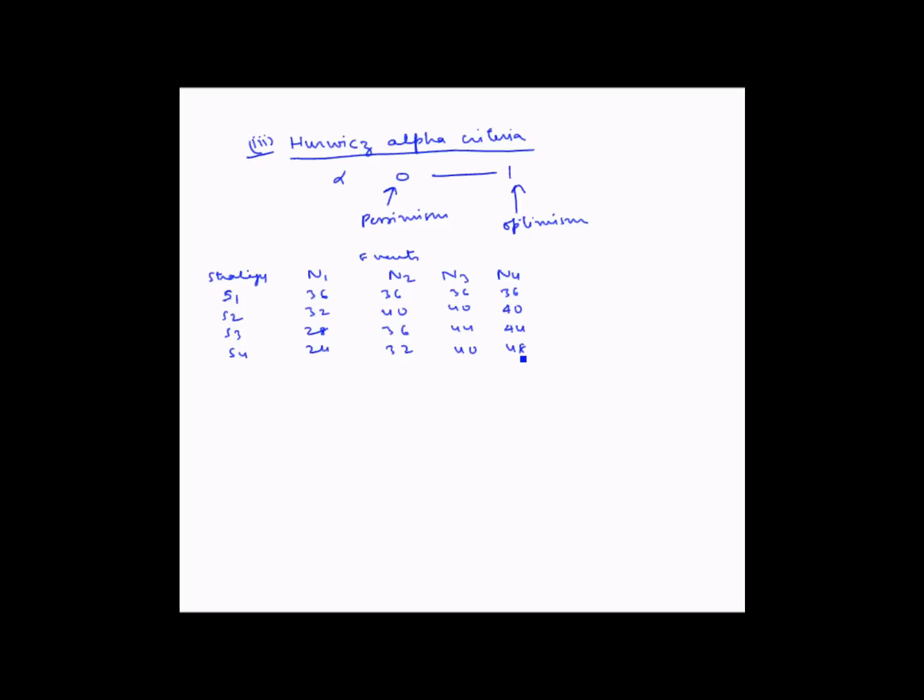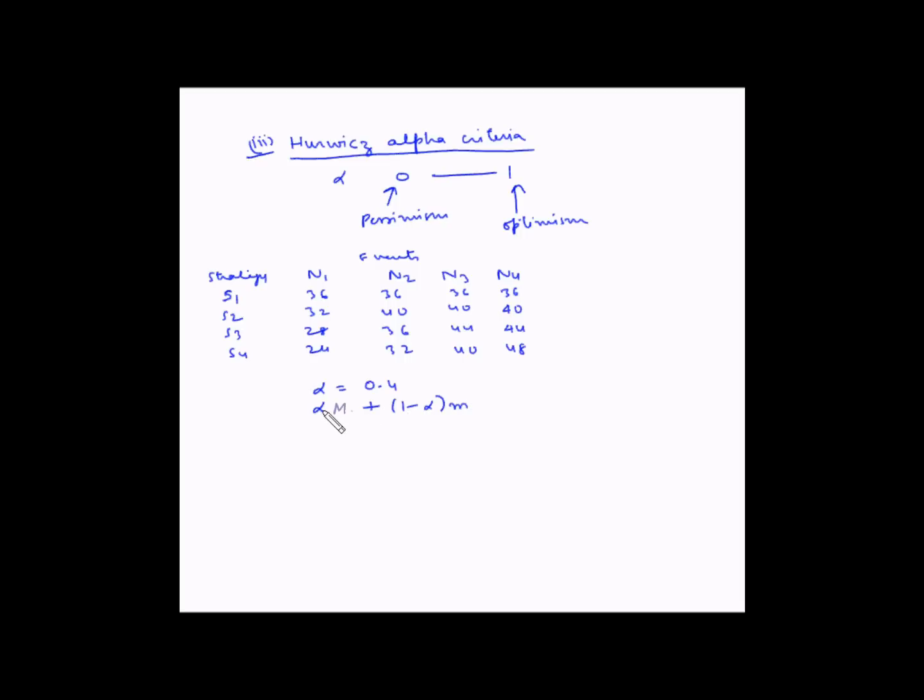Now, in this problem, alpha has been given as 0.4, and the formula for calculating the expected monetary value is alpha multiplied by the maximum payoff, that is capital M, plus 1 minus alpha multiplied by the minimum payoff, which is small m.